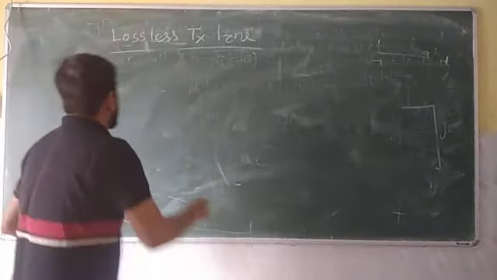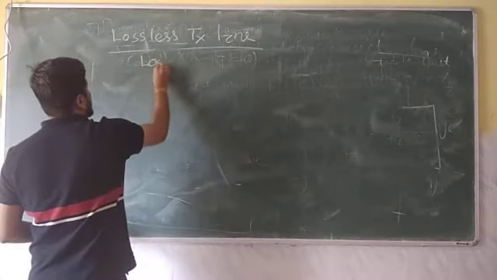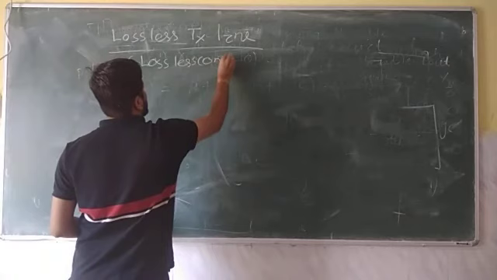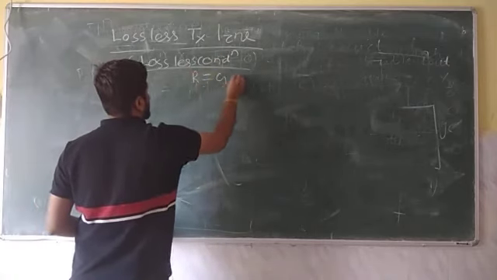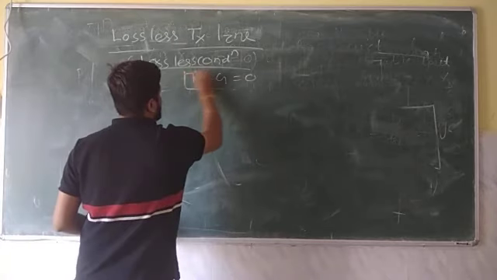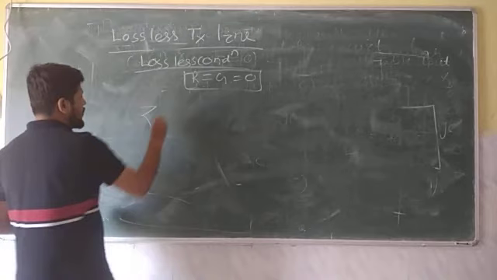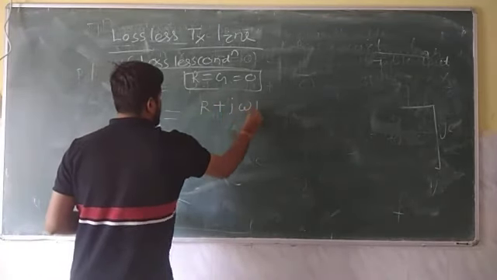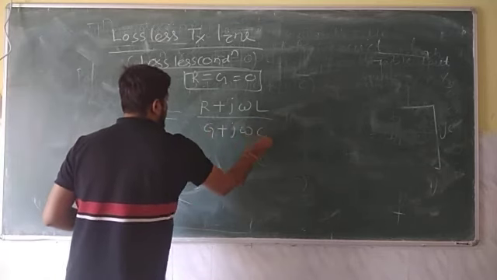Next, we will see for this lossless condition, what is the condition? That is R is equal to G is equal to 0. So for that, what is the value of Z0? Z0 is your characteristic impedance, that means root over (R plus j omega L) divided by (G plus j omega C).